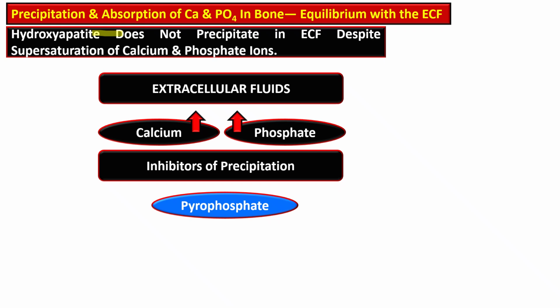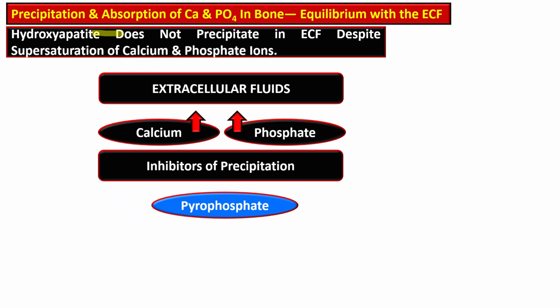There are biological inhibitors, for example, pyrophosphate, that are present in the plasma, interstitial fluid, and most soft tissue, and these molecules prevent spontaneous precipitation of calcium phosphate salt outside the bone. So hydroxyapatite only precipitates in bone where the environment is controlled and favorable.